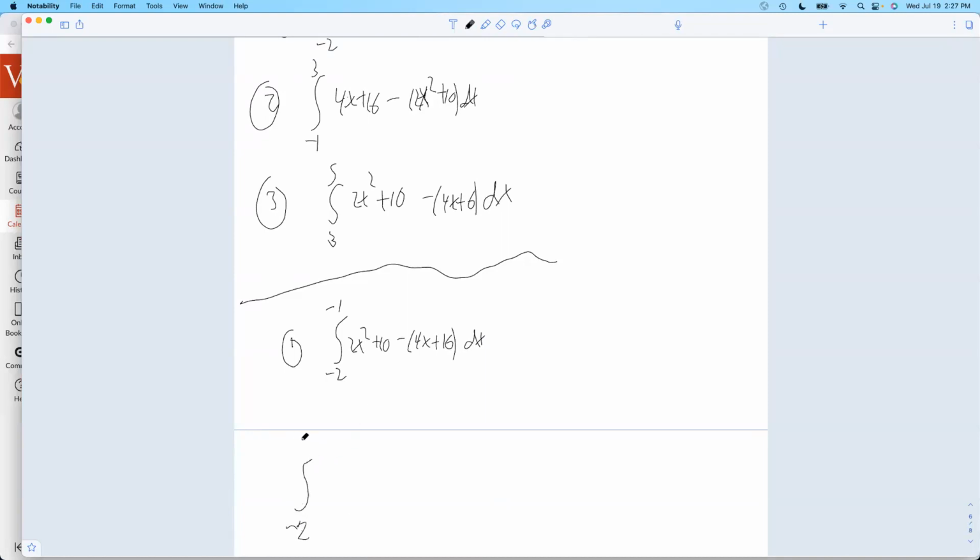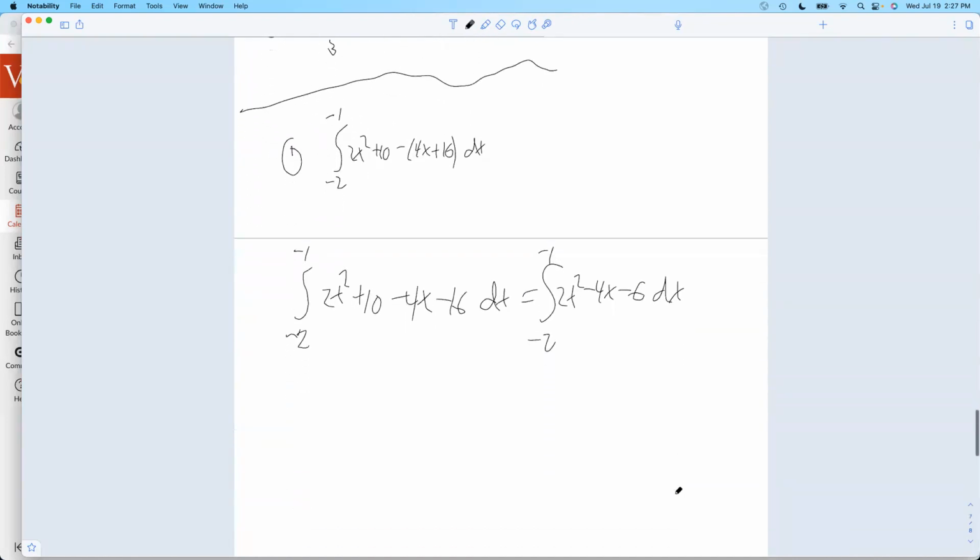So -2 to -1, 2x squared plus 10 minus 4x minus 16 dx. That's -2 to -1. 2x squared minus 4x minus 6 dx. Just adding like terms there. So I distributed that negative and then added like terms.